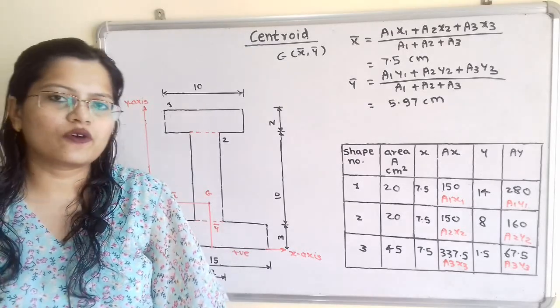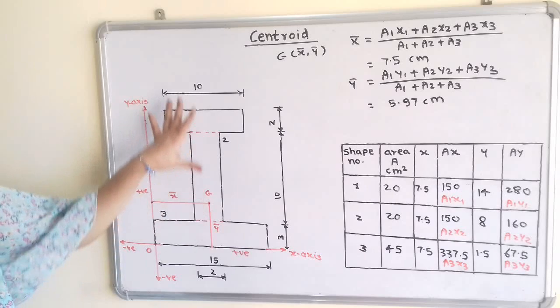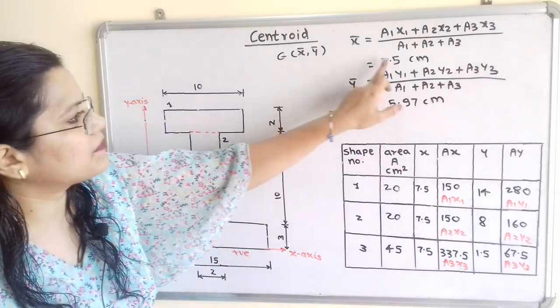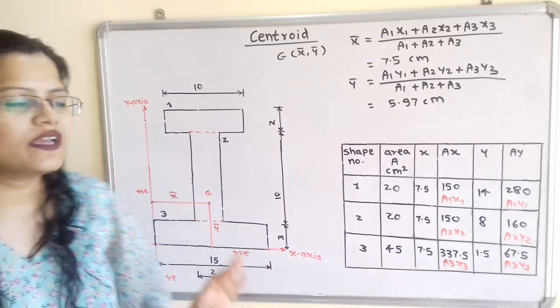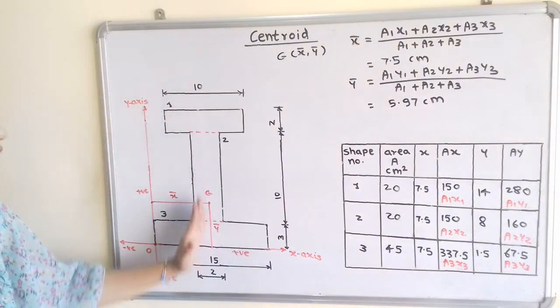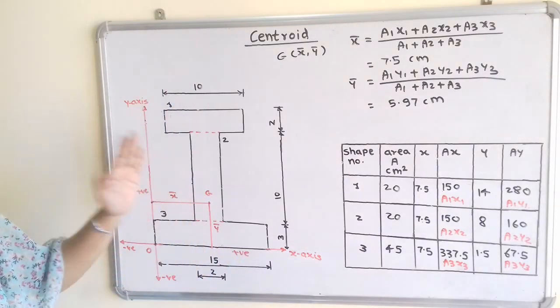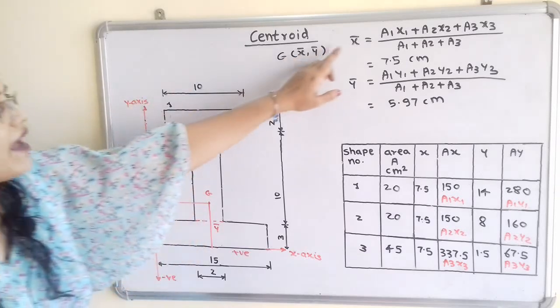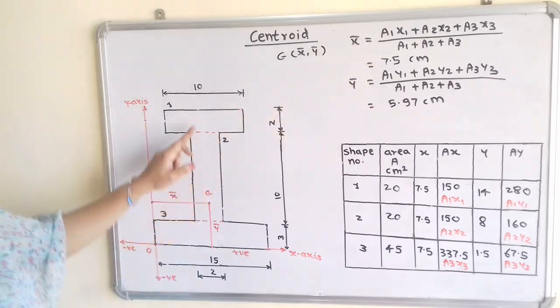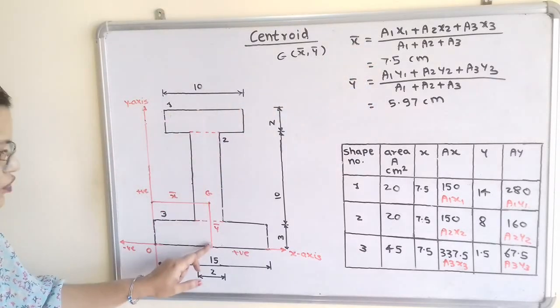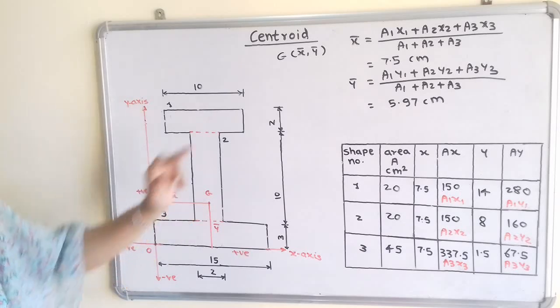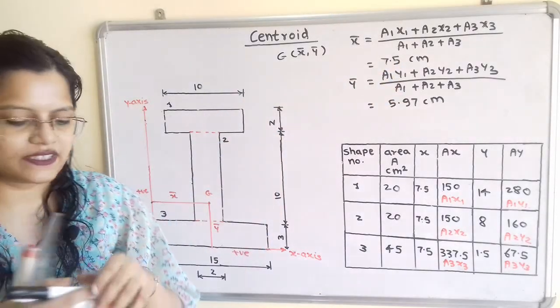So when we are going to solve the problem for the symmetric diagram, then why is this value of x bar equal to 7.5? Because it is symmetric about the vertical line. So whenever the diagram is symmetric about the vertical line, then the value of x bar is nothing but the distance of the center point from this axis, and it is equal to 7.5 centimeter.